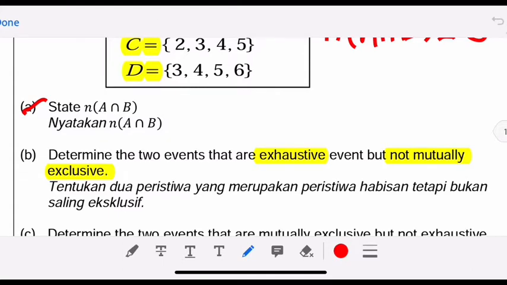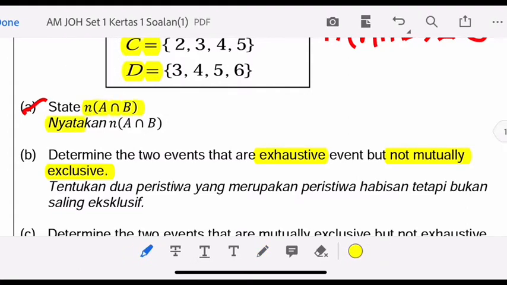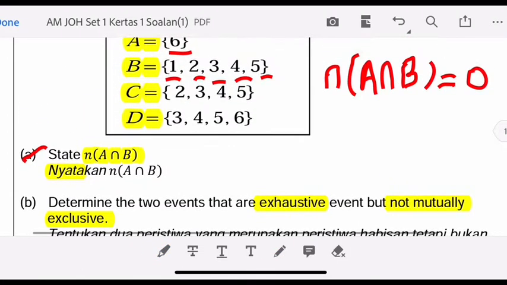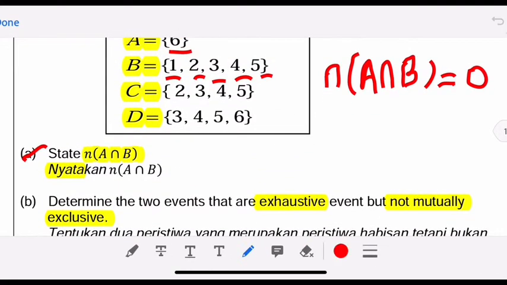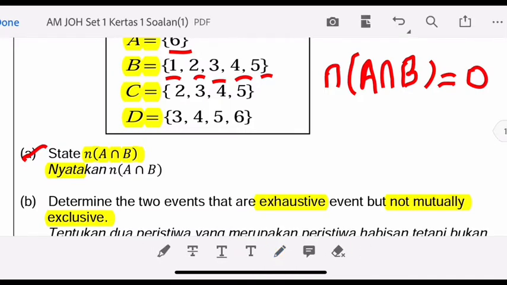When you consider all the elements, they belong to the universal set S. So we have set A, which is 6 only.